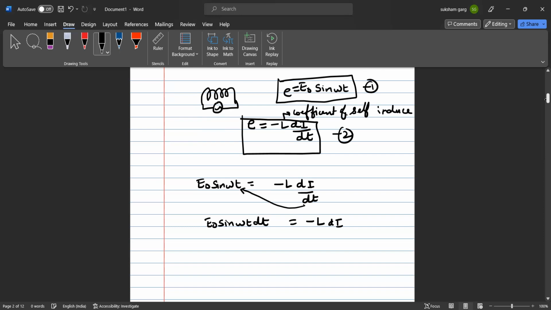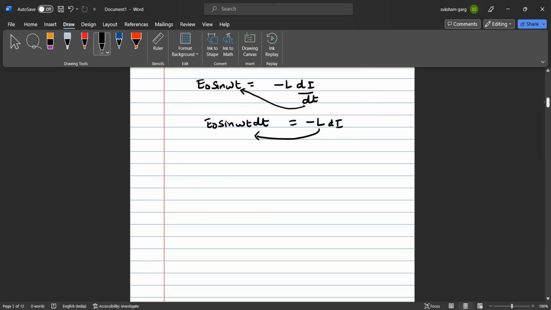I don't want di, I want the value of I. Bring this L in the denominator, again cross multiplication. So we get minus E naught sine omega t into dt divided by L is equal to di. Integrate both sides. After integrating this equation, we will get the value for current.